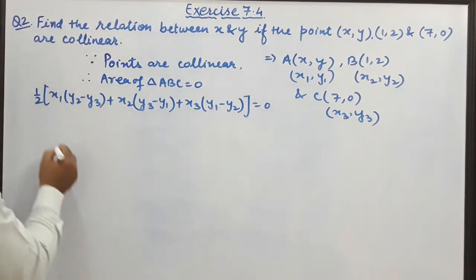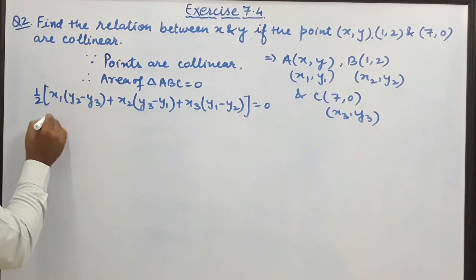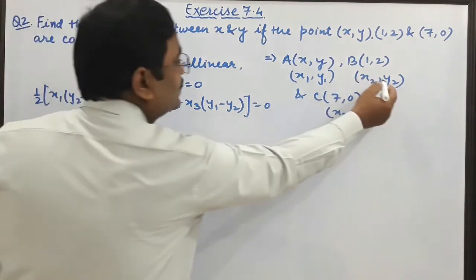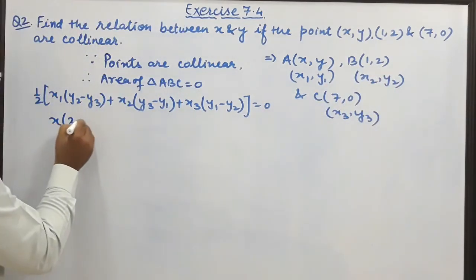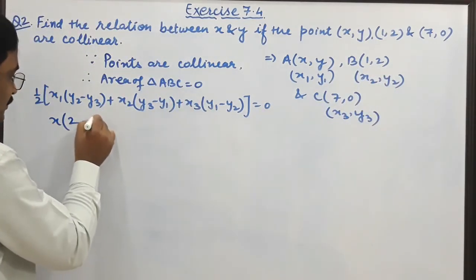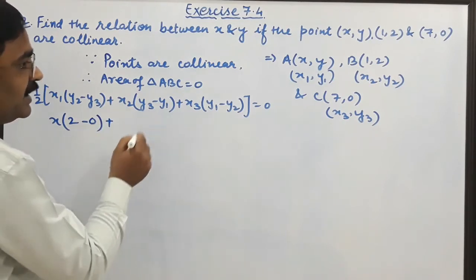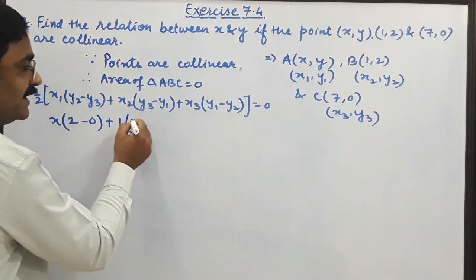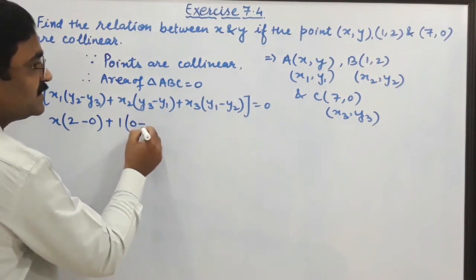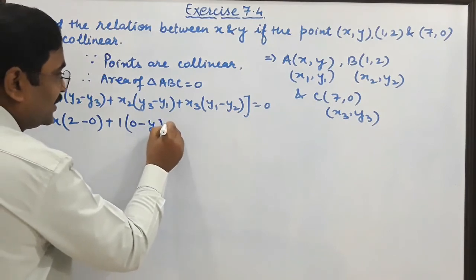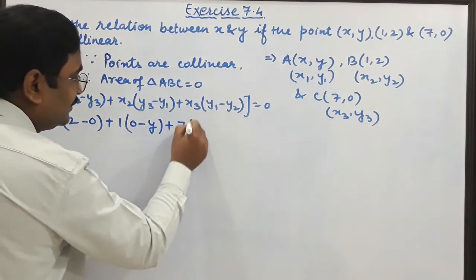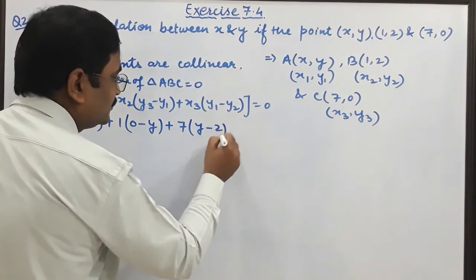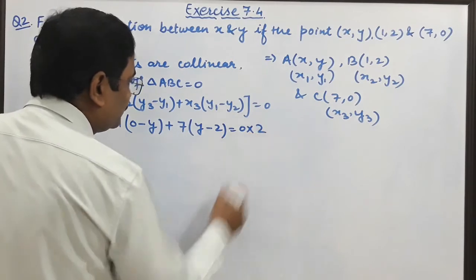So x1 is x, y2 is 2, minus y3 is 0, plus x2 is 1, y3 is 0, minus y1 is y, plus x3 is 7, y1 is y, minus y2 is 2, equals to 0 multiplied by 2.